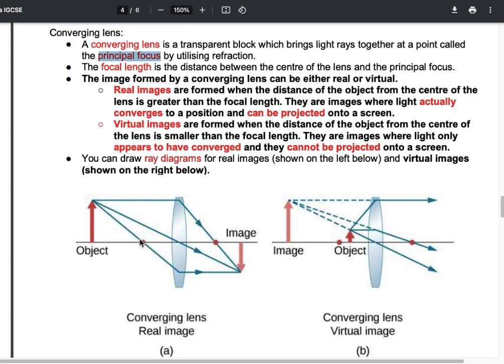Then the third one is the ray that is coming through the focal point, which will be refracted parallel to the principal axis.